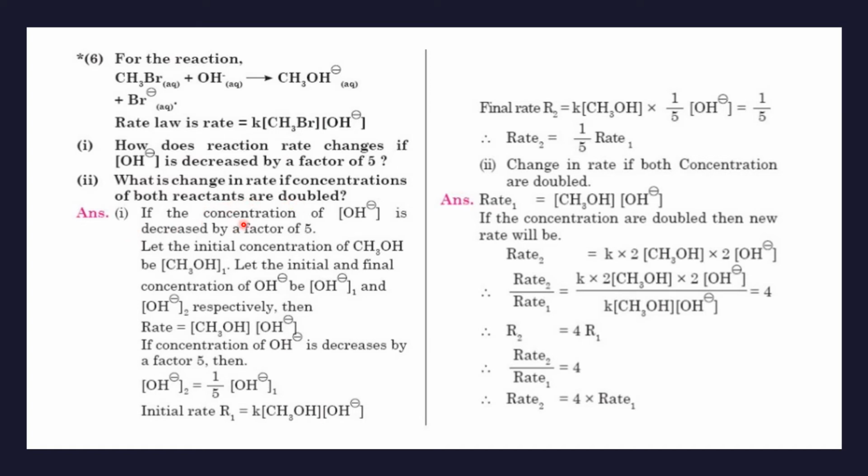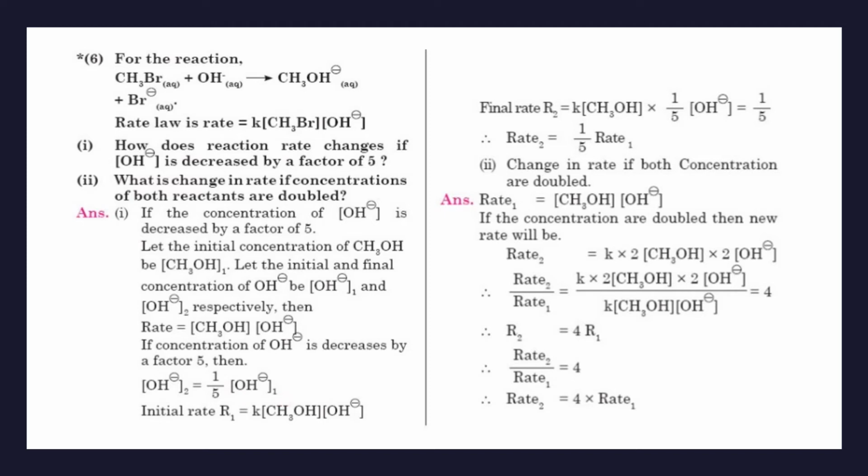First one, if the concentration of OH- is decreased by a factor of 5, let the initial concentration of CH3Br be [CH3Br]. Let the initial and final concentrations of OH- be [OH-]1 and [OH-]2 respectively. Then rate is equal to k [CH3Br][OH-]. If the concentration of OH- is decreased by a factor of 5, then [OH-]2 is equal to 1/5 [OH-]1.